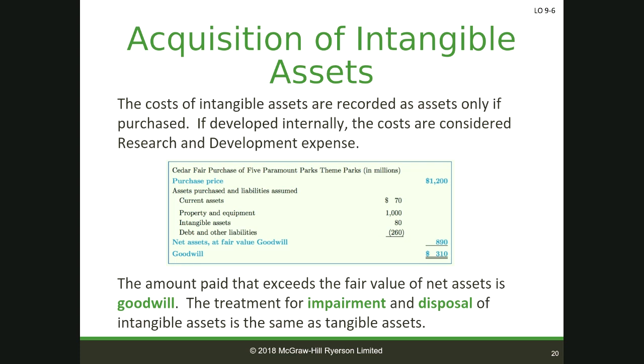Okay. How do we record the acquisition of intangible assets? In this PowerPoint, which is number 20, it says the cost of intangible assets are recorded as assets only if purchased. So goodwill, we only record it if it's purchased. A trademark, we only record it if it's purchased. Some companies, of course, develop their trademarks internally. So the Nike swoosh was internally developed.